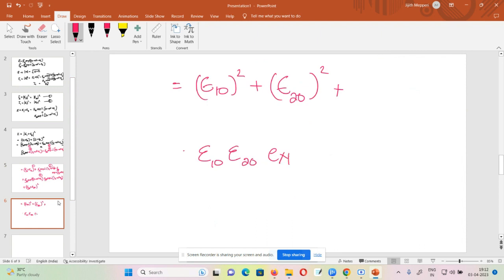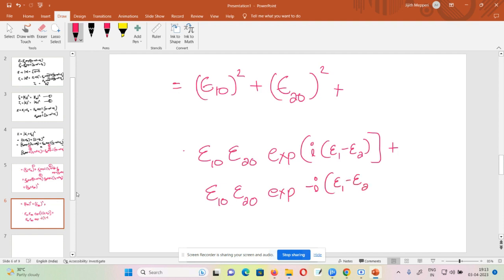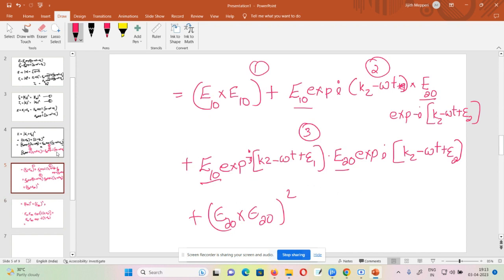So exponential i(ε1 − ε2) will be there, and one more term, E10 E20 exponential −i(ε1 − ε2). Got it? Any doubt regarding this? This maths looks complicated, but it is straightforward mathematics.